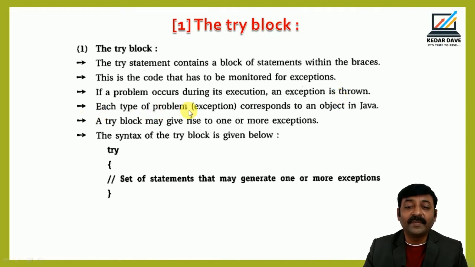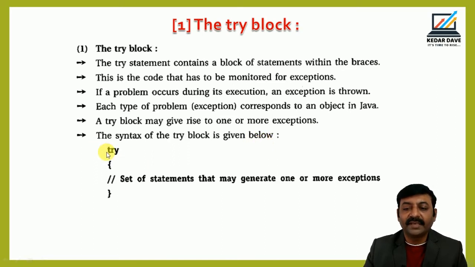Each type of problem or exception corresponds to an object in Java programming. A try block may give rise to one or more exceptions. The syntax is given here, and you have to use it for the try block.